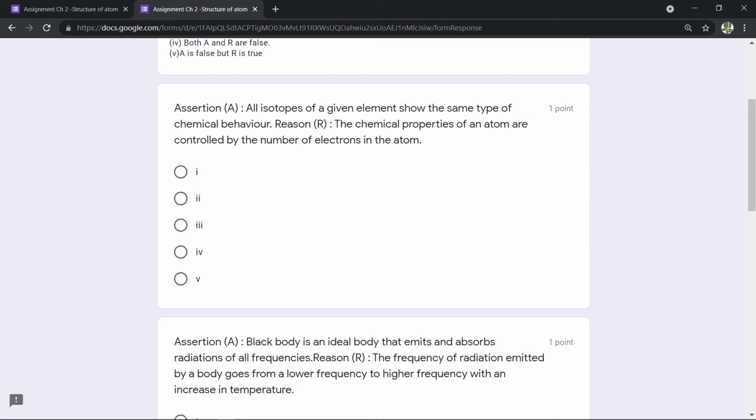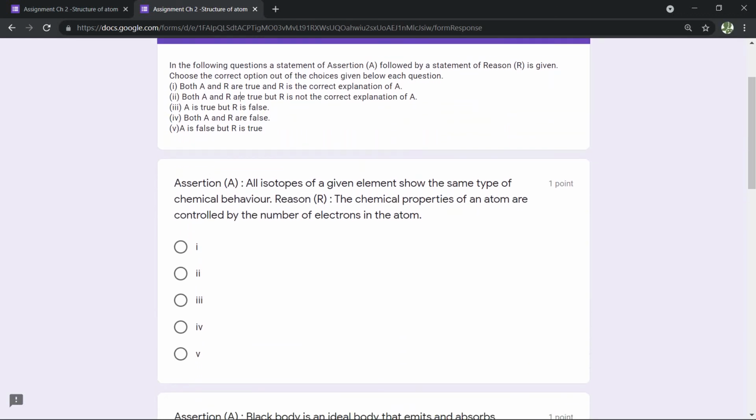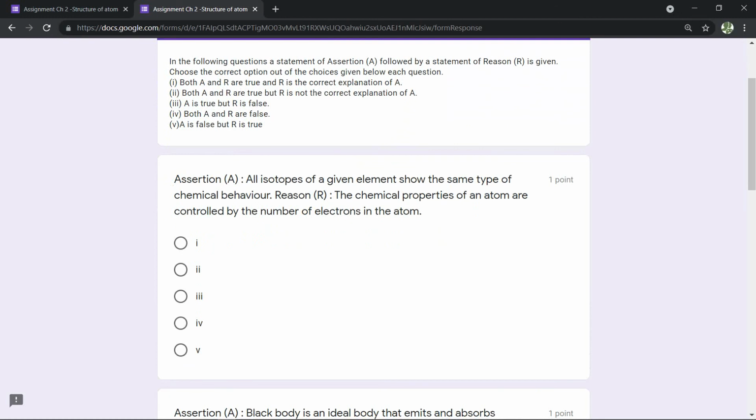Ma'am, the assertion is: black body is an ideal body that emits and absorbs radiation of all frequencies. The reason is: the frequency of radiation emitted by a body goes from lower frequency to higher frequency with an increase in temperature. Tell me, is the assertion true? Yes, ma'am. These are basically exemplar questions. A black body is a perfect emitter and absorber of all radiation. It is true.